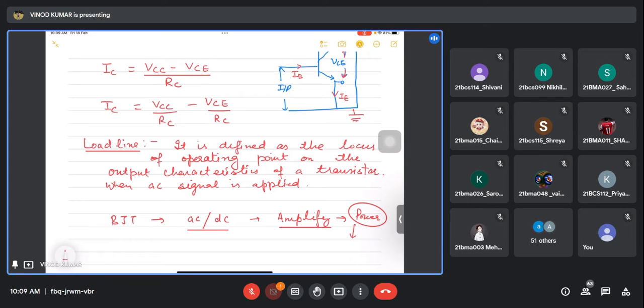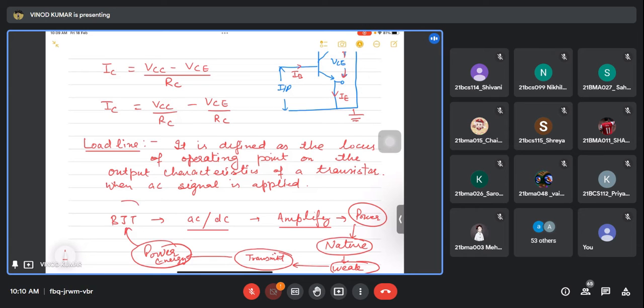Because the signals available in nature are weak signals, and in order to transmit them up to a distance, we need to increase their power or energy. Okay, so that is possible with the help of BJT.